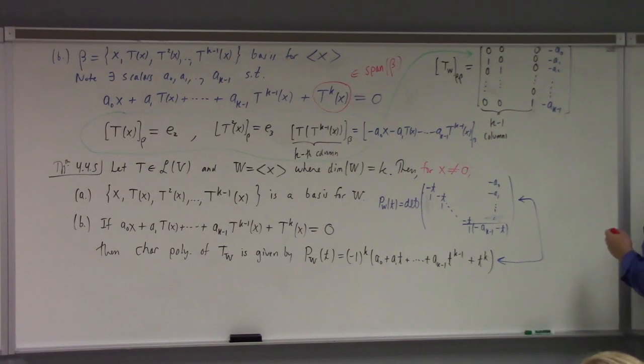And then I'm doing minus t, 0, minus a, 1, minus t, minus b, 0, 1, minus c, minus t, right? Because I'm supposed to calculate the determinant of this matrix minus t times the identity matrix.